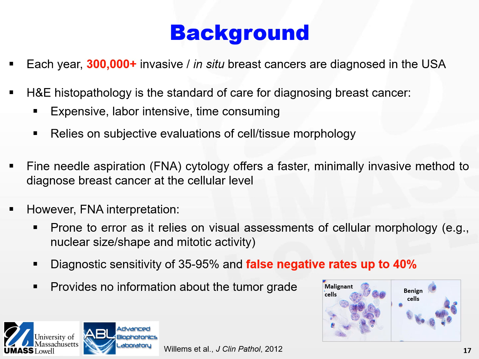The standard of care for diagnosing breast cancer is hematoxylin and eosin histopathology, which is expensive, labor-intensive, and time-consuming. It relies on subjective visual evaluations of cell and tissue morphology to diagnose the disease.